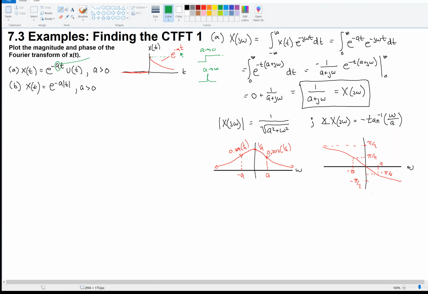Now let's look at our results here. If a goes to 0, that means that this point goes this way. That means 1 over a goes up. So as a goes to 0, we would have a graph that looks like this. Okay, this is the a goes to 0 plot, getting closer and closer. So what does that tell you?